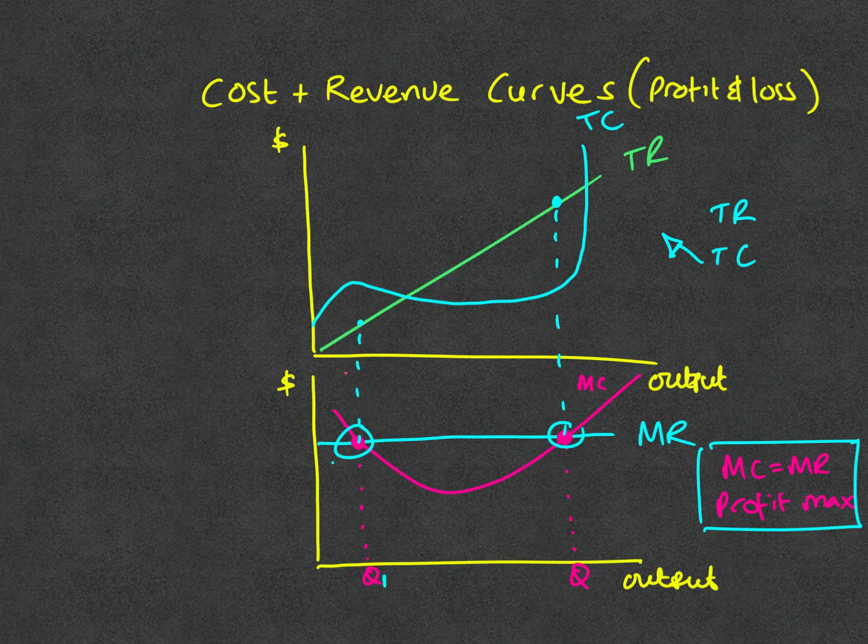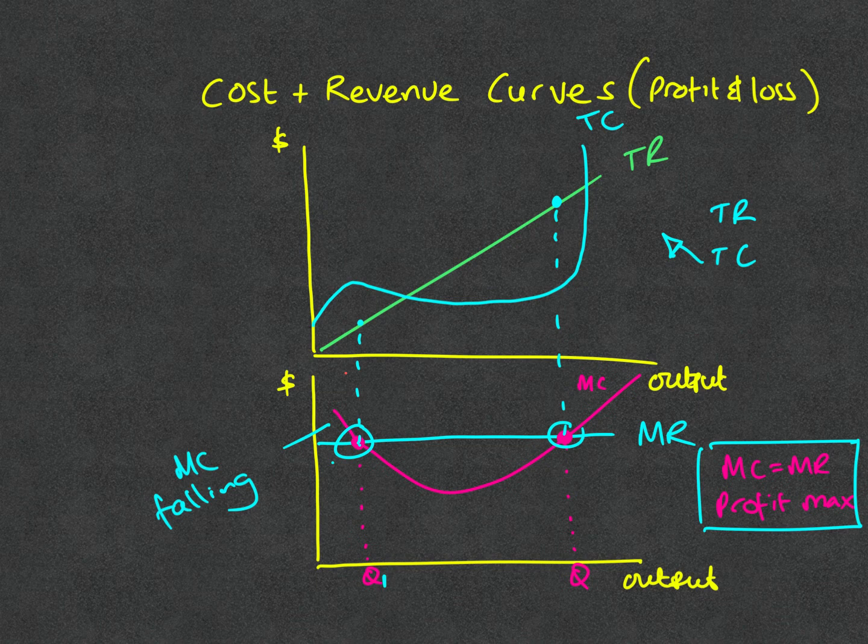If we take that to the diagram underneath where MC equals MR, this does suggest that there is profit maximization occurring. But because actually marginal costs are falling, that's not quite true.